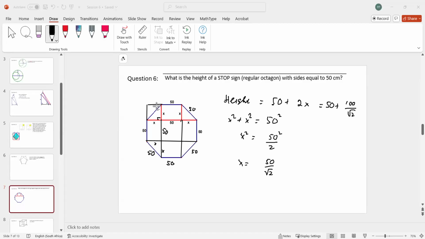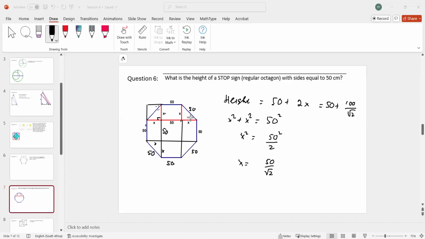So when you extend it, this angle here will be 45. And when you extend this, this is also 135, the interior angle, so this is also 45. So these two exterior angles are both 45. Therefore, this becomes an isosceles triangle, and this is 90 degrees because it's 45, 45. So you've got a square here. This whole thing becomes a square. So that is why these two sides are sides of a square and they are equal. That's another way of looking at it.